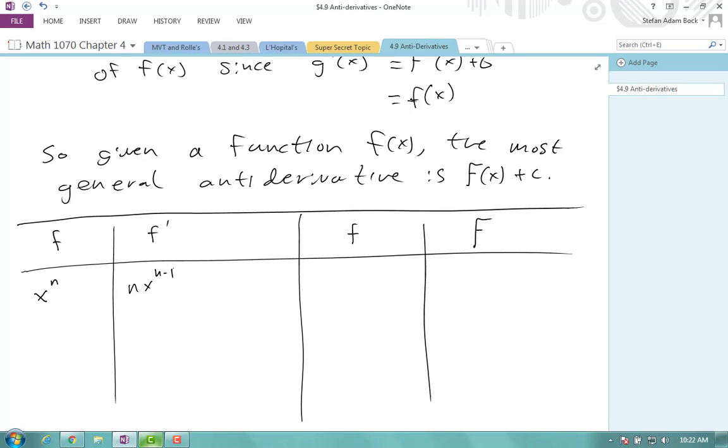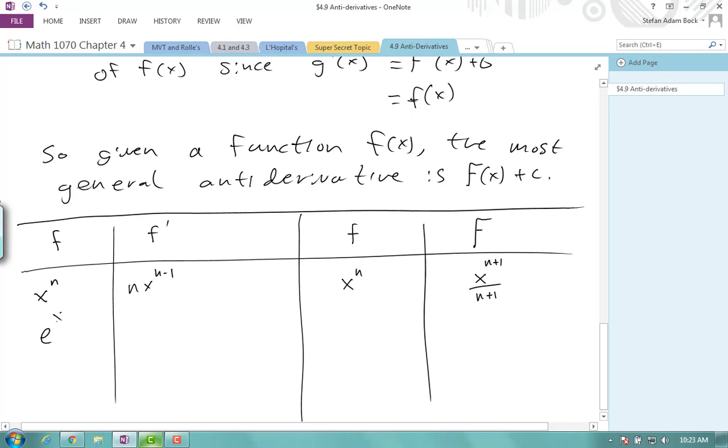And I should do the opposite things in the opposite order. So let's try this. If I have x to the n, I should increase the exponent, and then divide by the exponent. And you can check. If I take this big F over here and try to take its derivative with respect to x, I'm going to bring down the n plus 1 to cancel with the n plus 1, and I'll reduce the exponent by 1, bringing it from n plus 1 down to n.